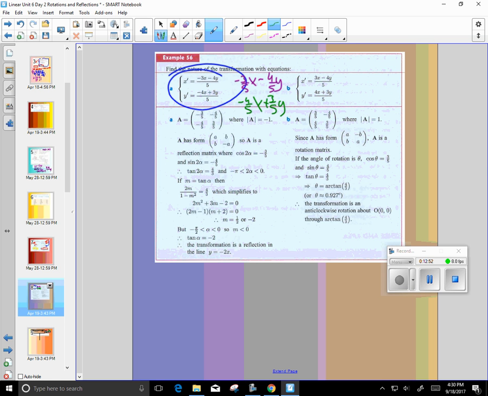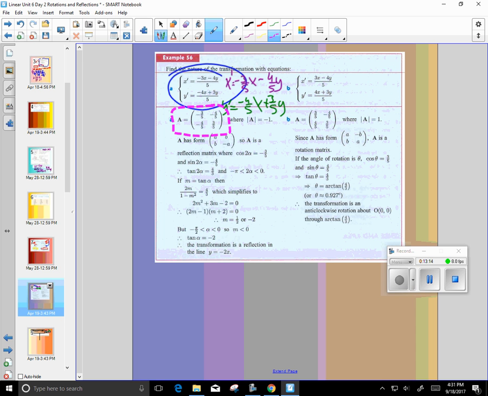Those are the x prime and y prime. And what's cool about that is that now you can take the coefficients to make your transformation matrix. So you have the transformation matrix. But to figure out what it means, all you have to do is take the determinant.